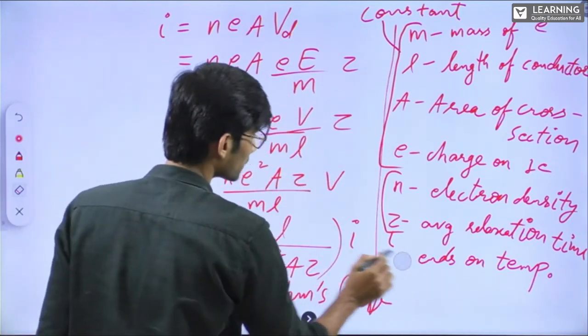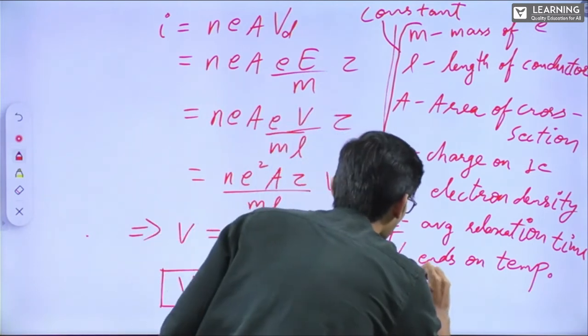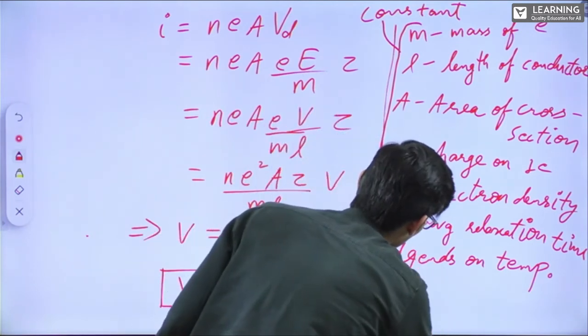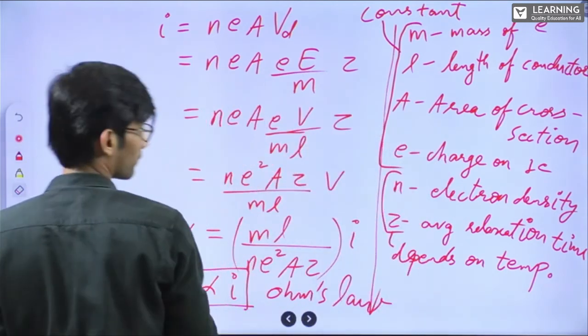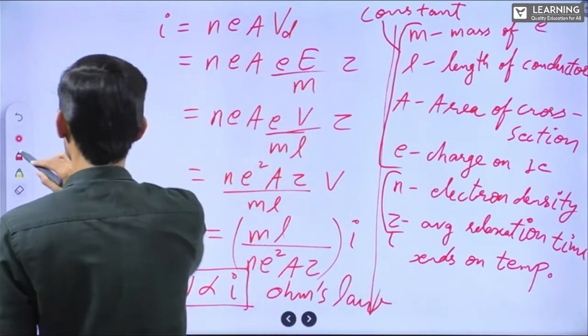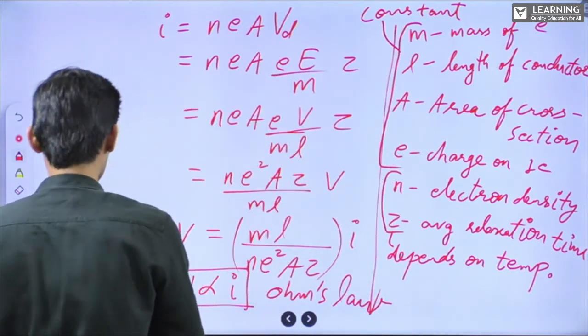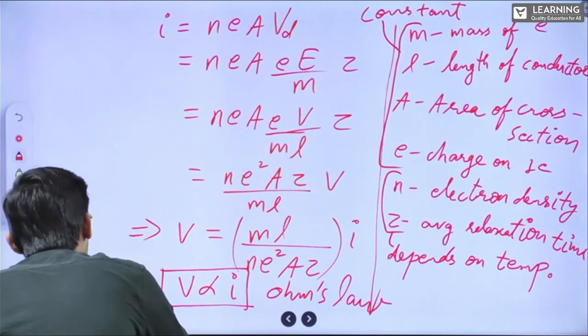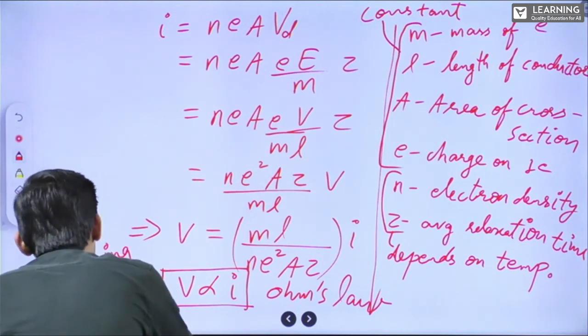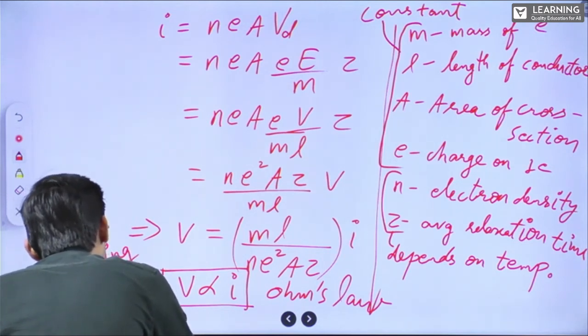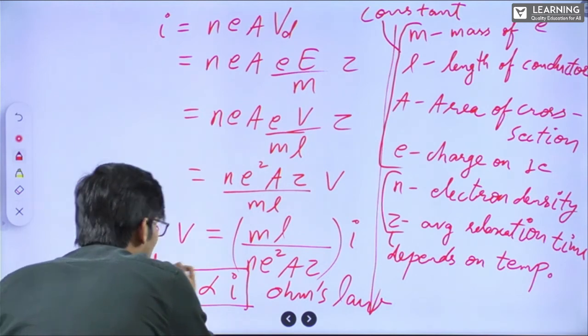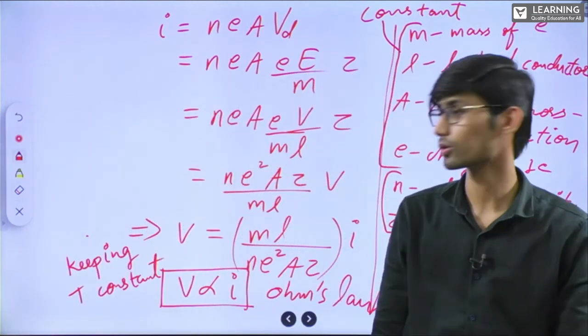Correct? This is how it came. Ohm's law, we can say, keeping temperature constant, I can write V is proportional to I, that is Ohm's law.